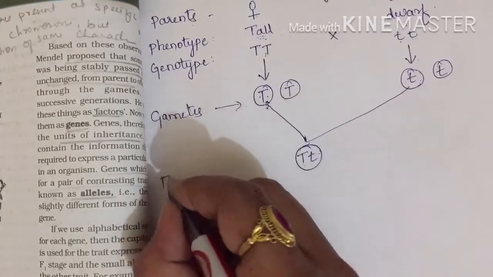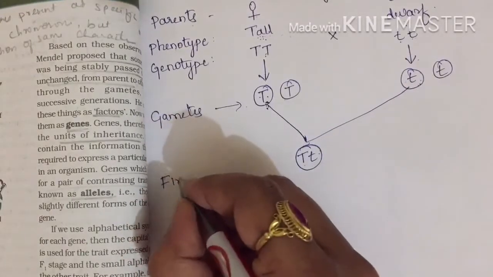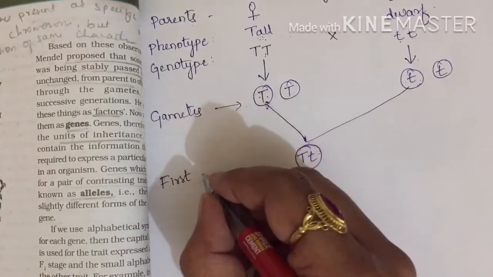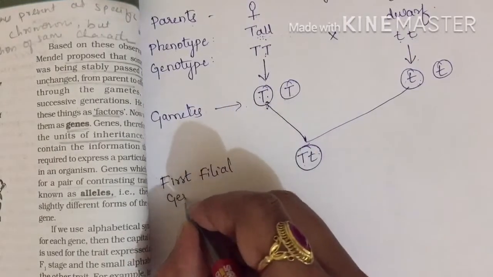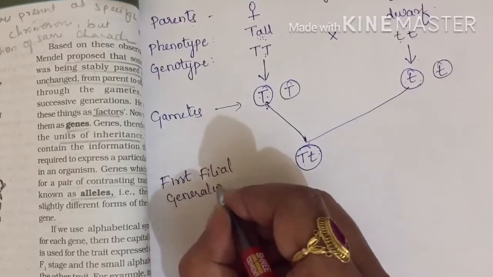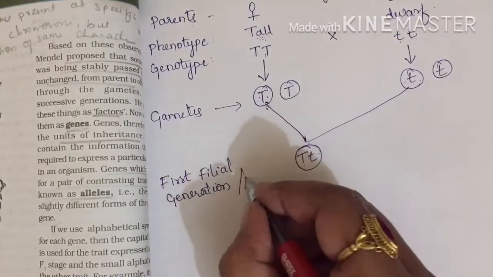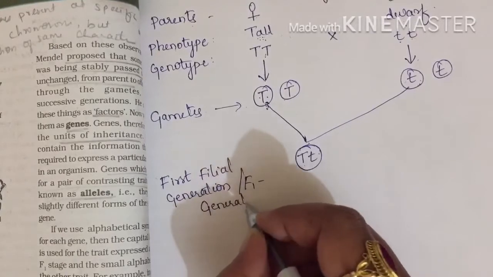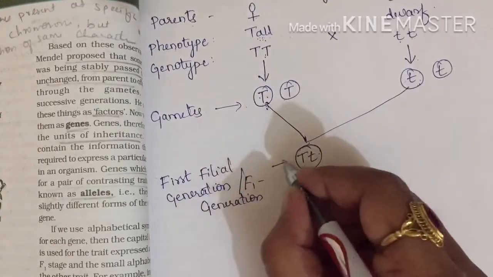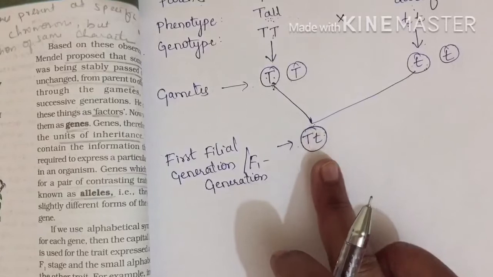For this, we call it the first filial generation, or F1 generation. If you write it only as F1, it's okay. So this is the F1 generation.